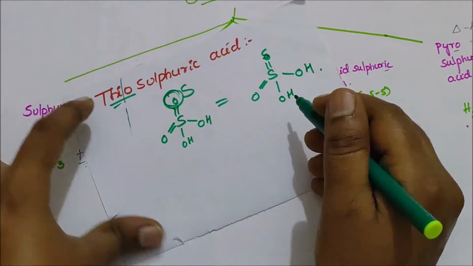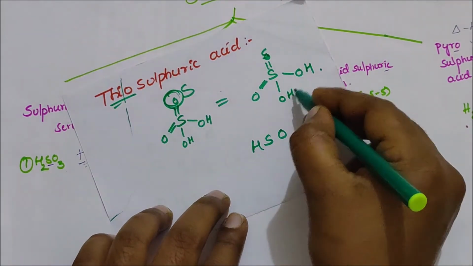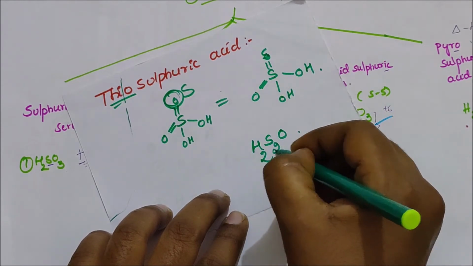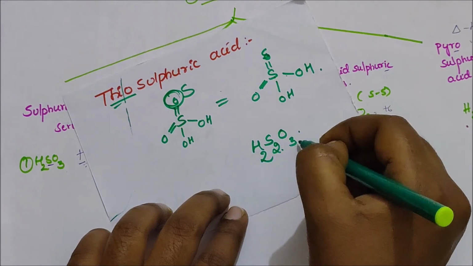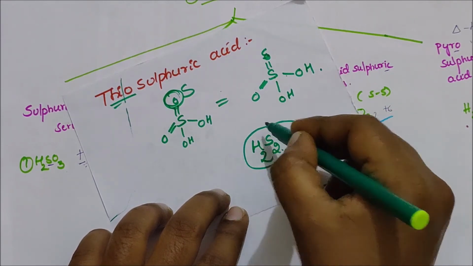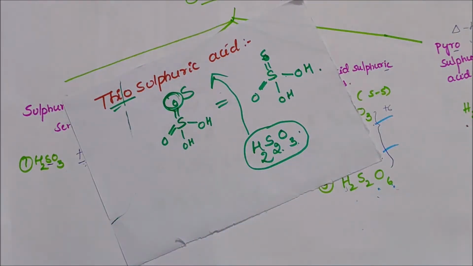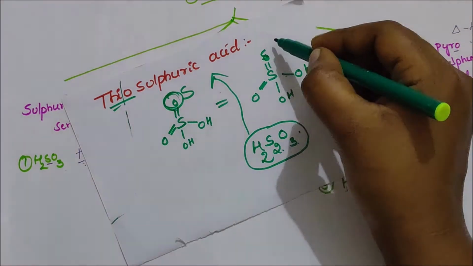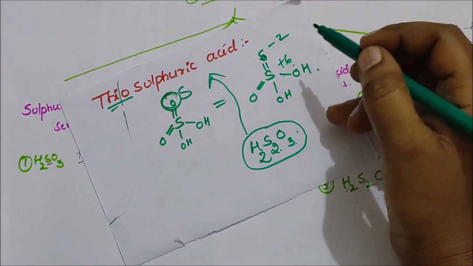In the formula, how many hydrogens are present? 2 hydrogens, 2 sulfur atoms, H2S2, and 3 oxygens, H2S2O3. We call H2S2O3 thiosulfuric acid. In this, sulfur exhibits the -2 oxidation state and the +6 oxidation state.